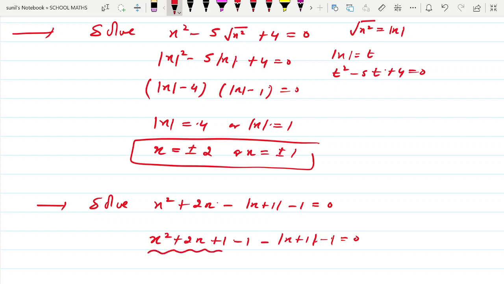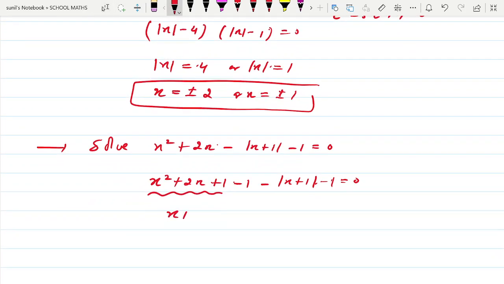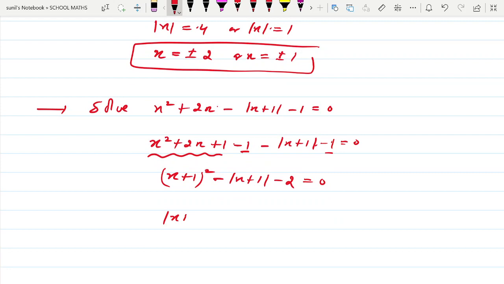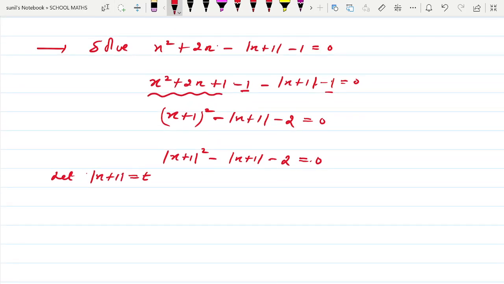Now this quantity becomes x plus 1 whole square, and this minus 1 and this minus 1 become minus 2. So now can you write this equation as mod x plus 1 square minus mod x plus 1 minus 2? Now see, let mod x plus 1 equal t. Now this equation becomes t square minus t minus 2 equals 0. We can factorize this, that is t minus 2 into t plus 1. These are the factors of this equation.